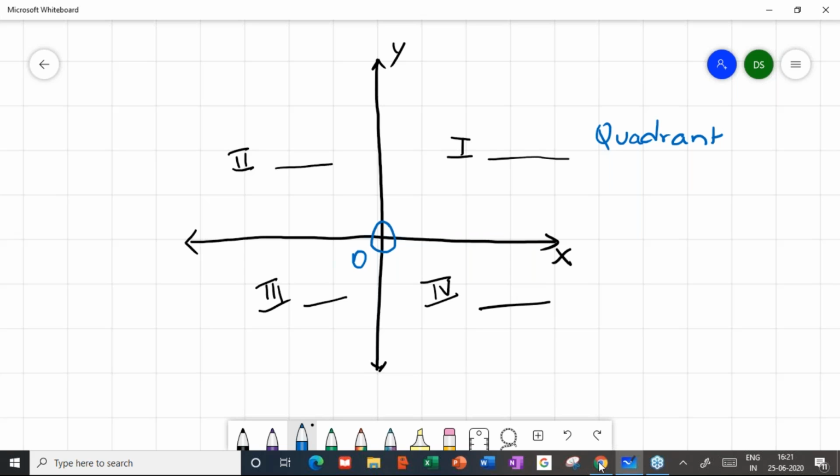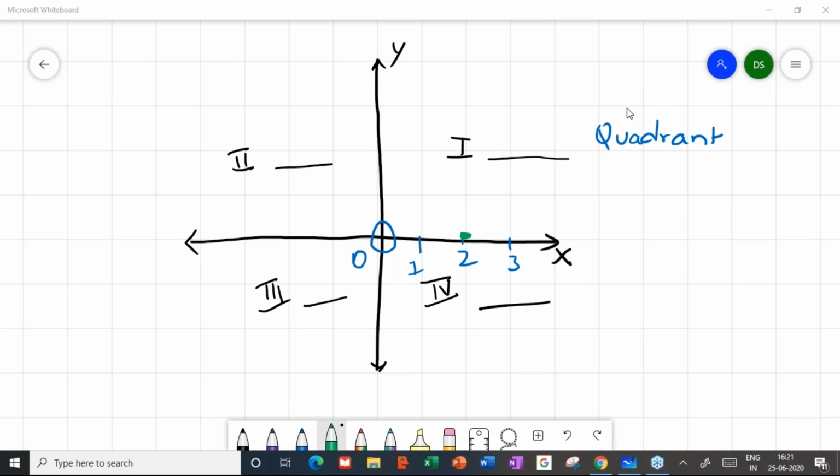Acha, maybe I should just add one more thing. If a point is on the x-axis, suppose it's here, what if this is the point? What does this imply? That y coordinate is 0. Yes, naked. Okay, so this is another tip you can keep in mind, or you can write.